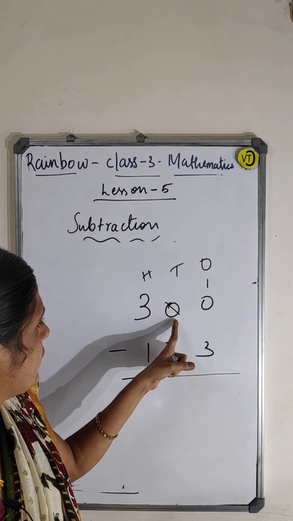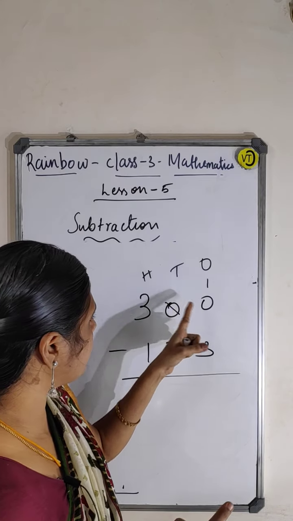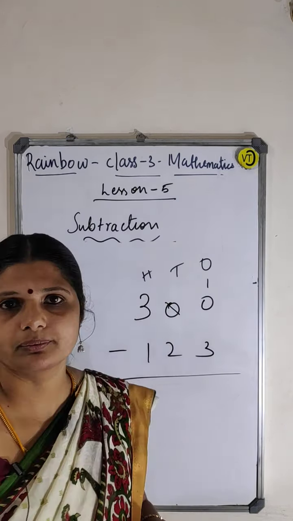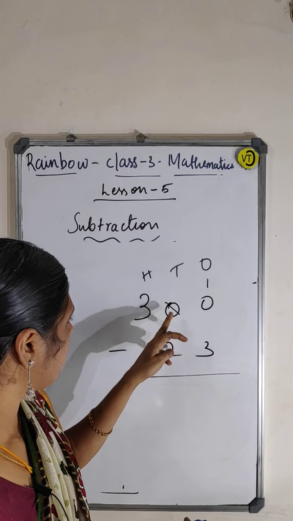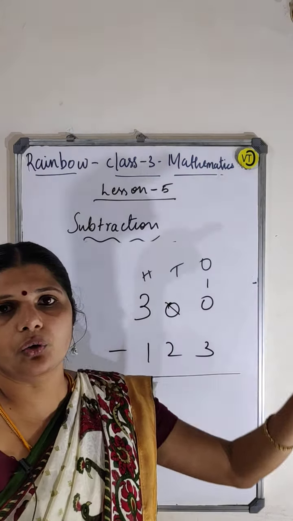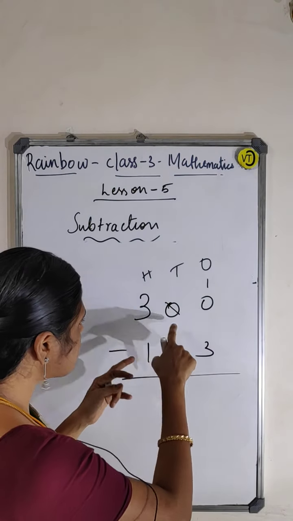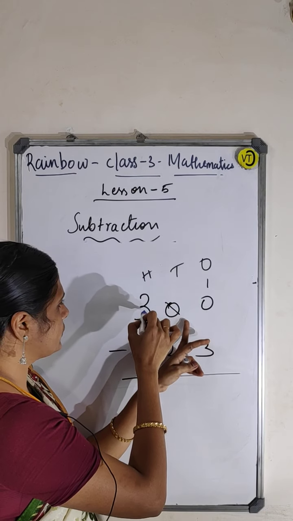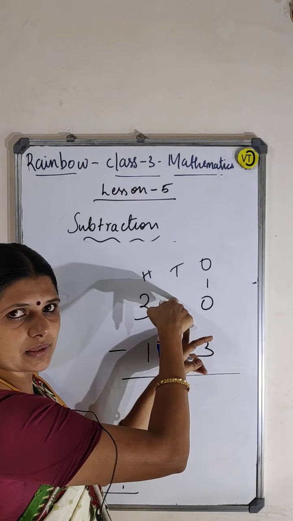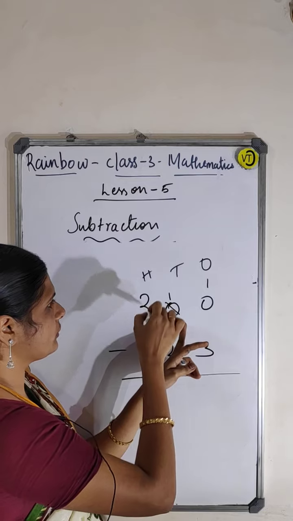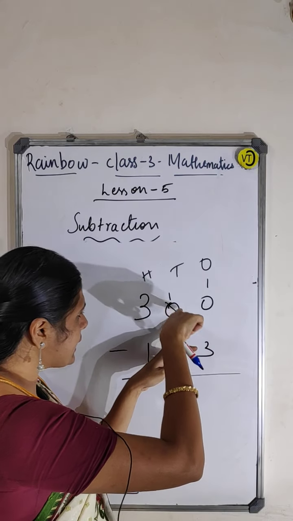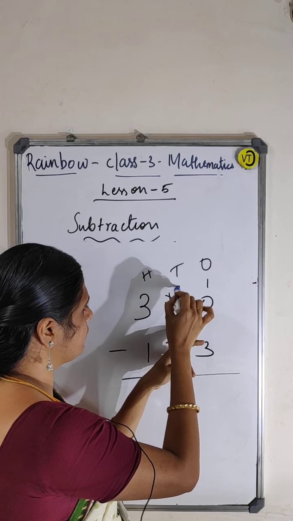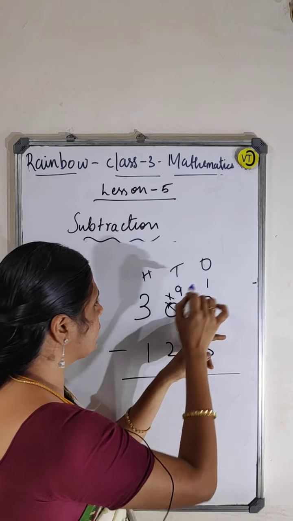The 0 in the tens place cannot give that borrowing. So this tens will ask to borrow from hundreds. The hundreds will give first to tens. This will be 10, and then tens gives one to ones, so it becomes 9. 10 minus 1 is 9, here 10, and this is 2.